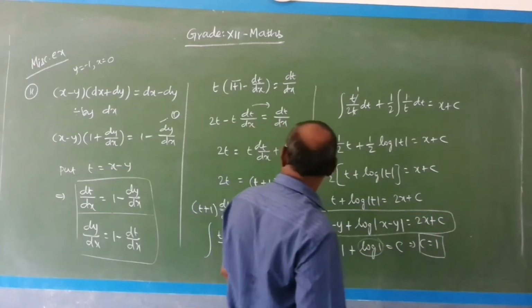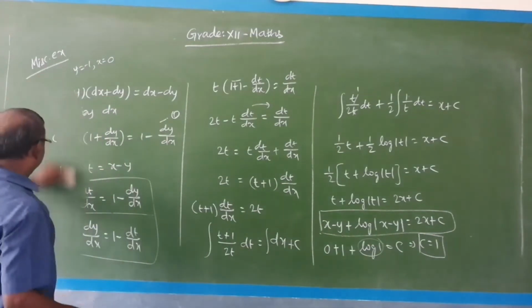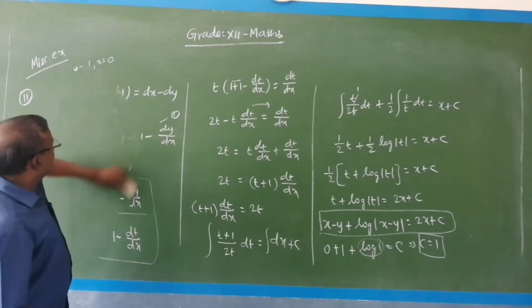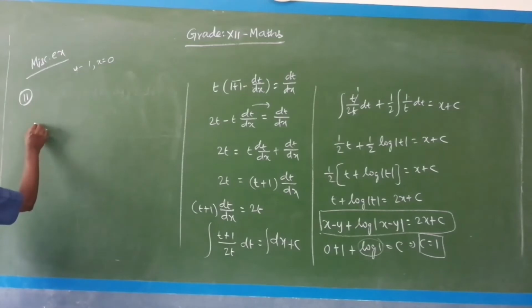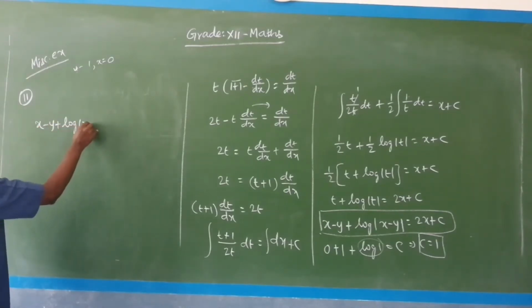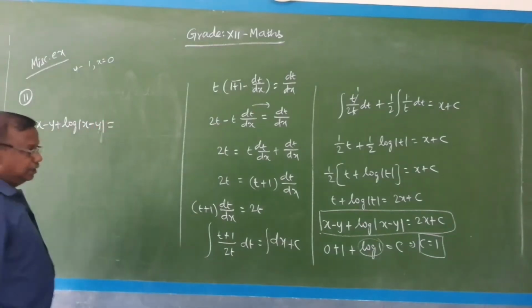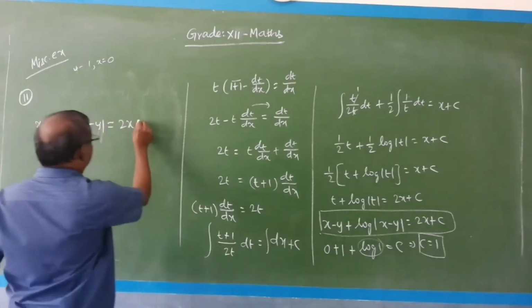So substituting c in the general solution, the answer is x minus y plus log of modulus of x minus y equal to 2x plus c value, which is 1.